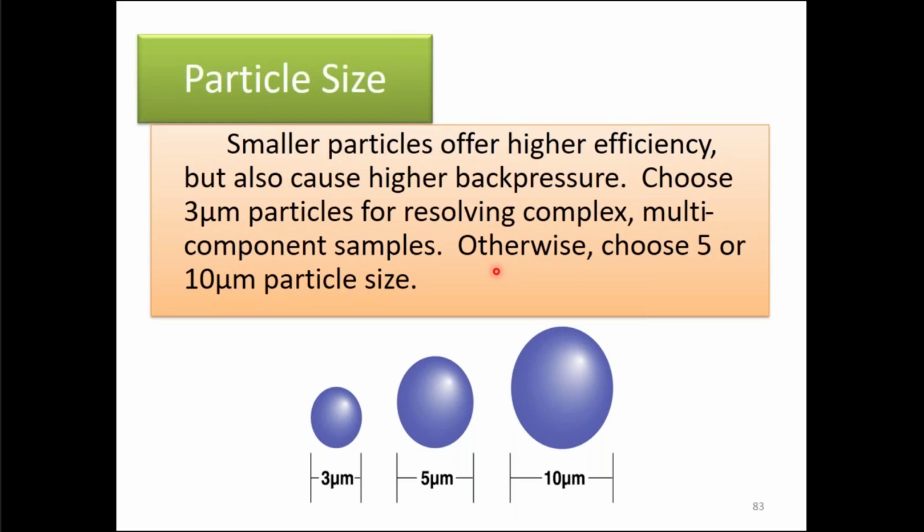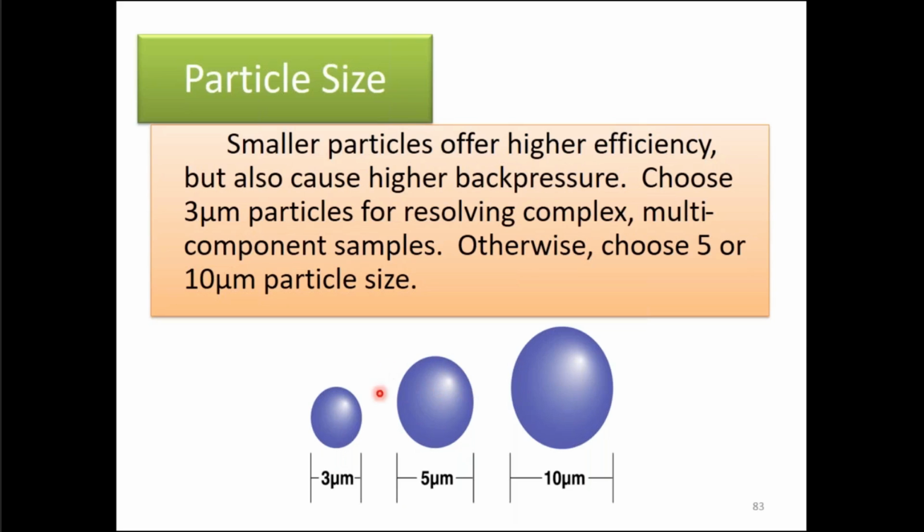If you have a sample mixture that has very few components and they are very different in nature, polarity-wise, then it would result in a very easy separation. For this, we don't need to go for a very small particle size. Hence, you will not have the problem of column back pressure. It's easier to go for 5 micrometer particles.